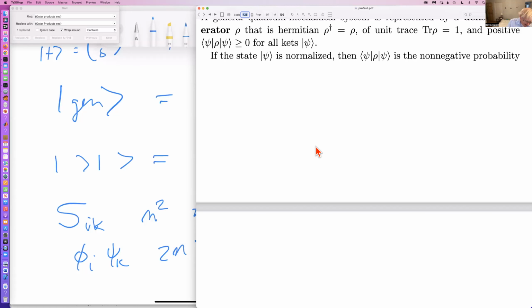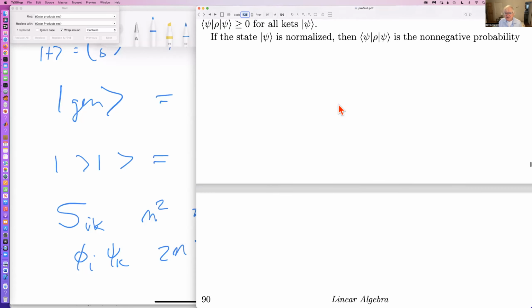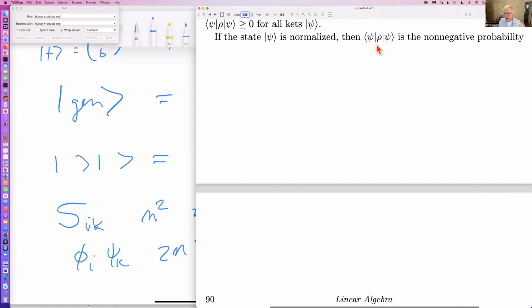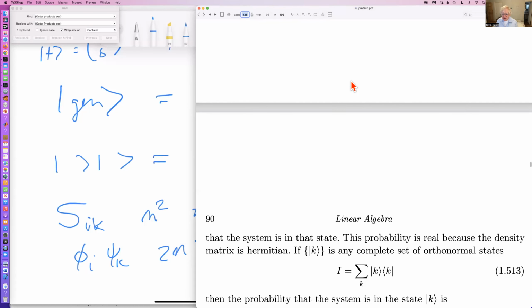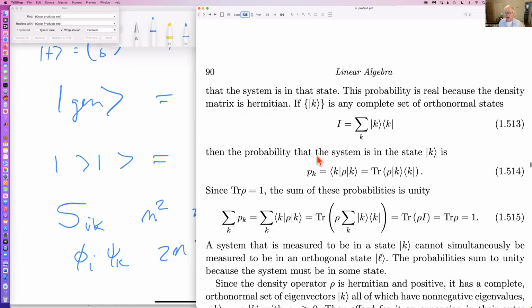This term positive, does one really always want to say non-negative? I don't know. Anyway, if the state psi is normalized, then <psi|rho|psi> is the non-negative probability the system is in that state. And the probability is real because the density matrix is Hermitian.